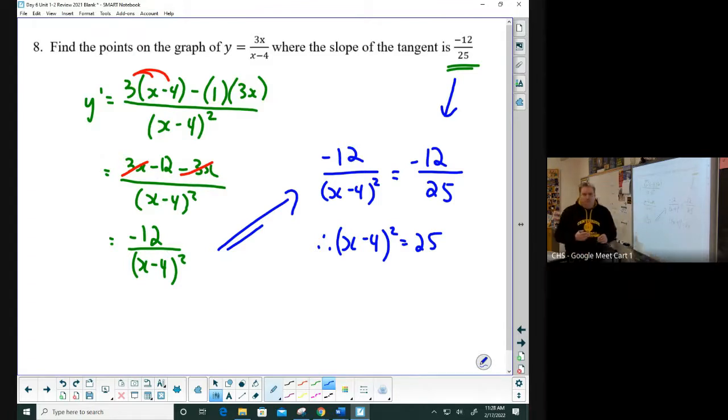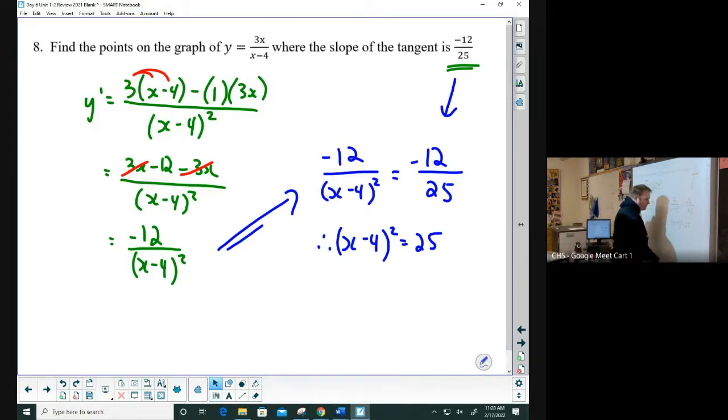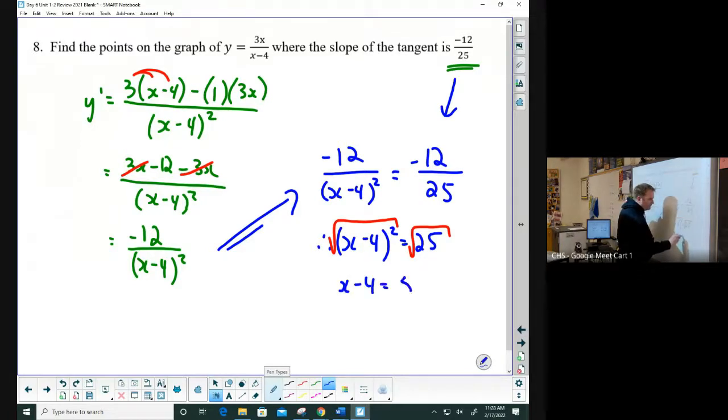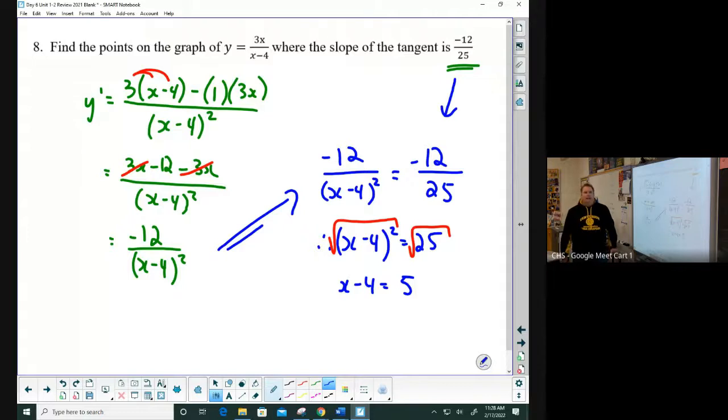Now, there is some math I could actually do here. Square root of both sides. And I would see that one of my answers would be x equals 9 like I predicted.